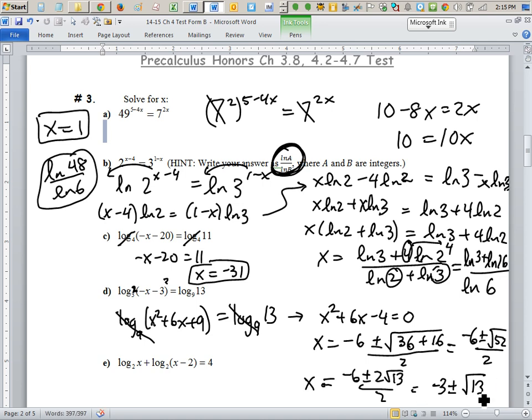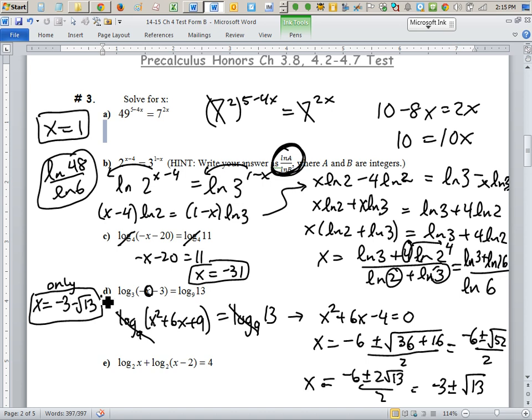Now you have to check to see that this makes sense. If you go back to the original question, we can see that only one of these will work. You actually are not allowed to put negative 3 plus root 13 here because it's a positive number. So the correct answer that actually works on this problem is x equals negative 3 minus root 13. And the reason that is the only answer is because that's a negative number.